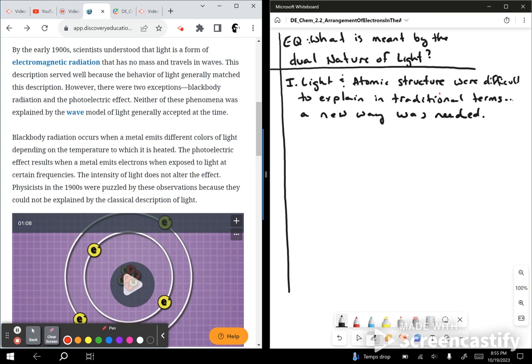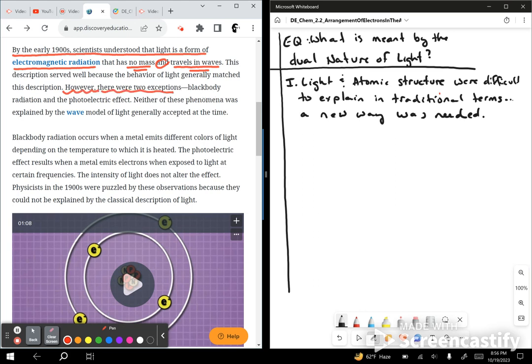By the early 1900s, scientists understood that light is a form of electromagnetic radiation. It has no mass and travels in waves. Okay. However, there were two exceptions. So this description worked, except there were two exceptions.